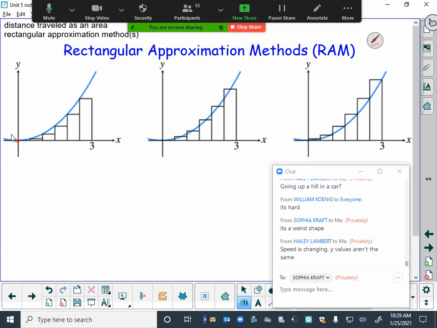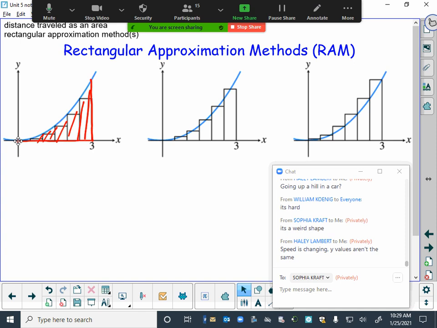This looks very much like a parabola that's probably going along there. If we were trying to go from 0 to 3, say, then what we're trying to find is the area under that shape. Now it's a much less erratic shape. It looks kind of like a triangle maybe.